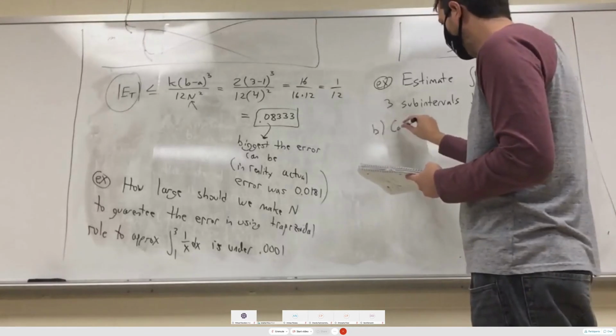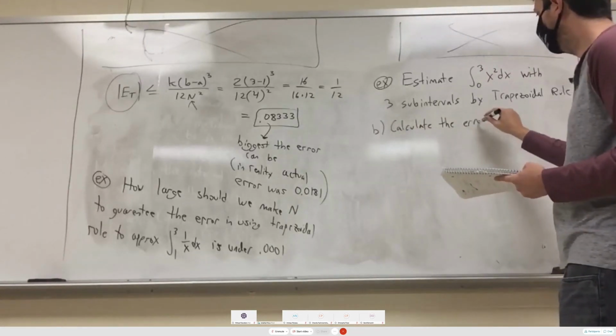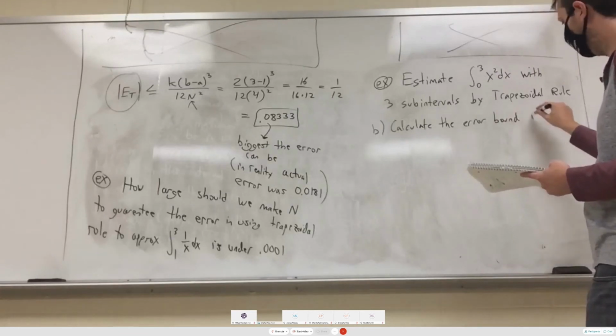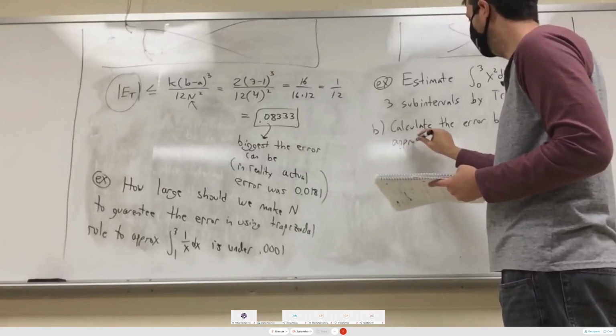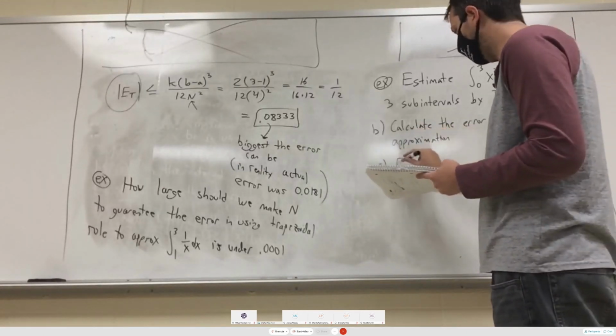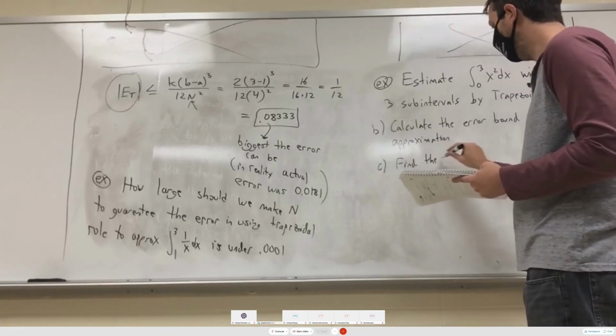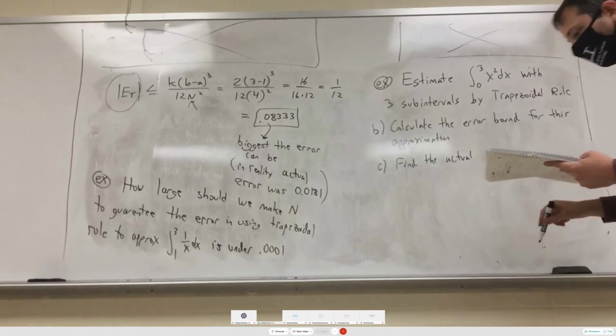B, calculate the error bound for this approximation. And C, find the actual error that was made.